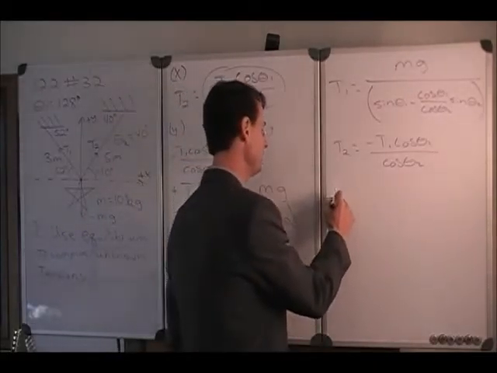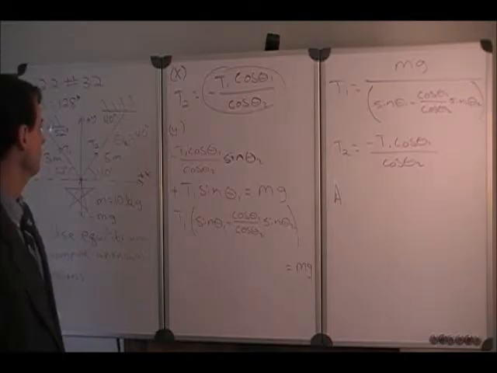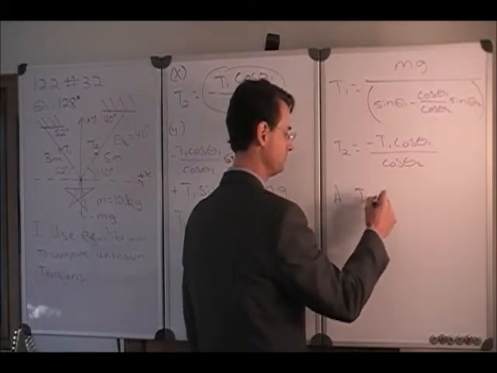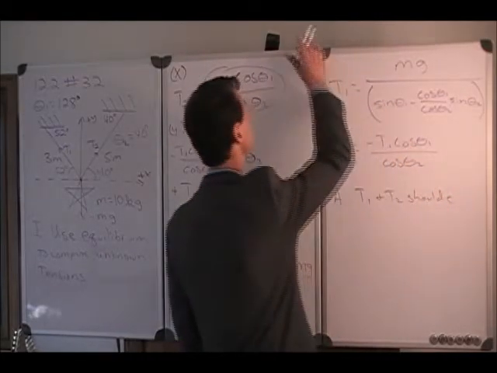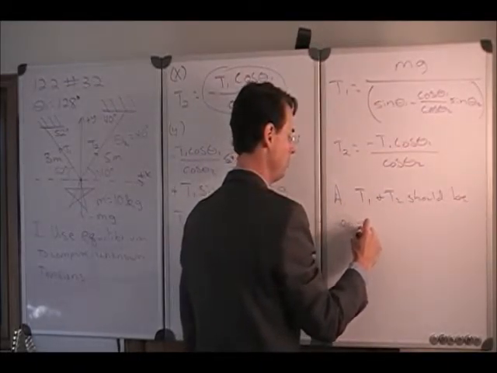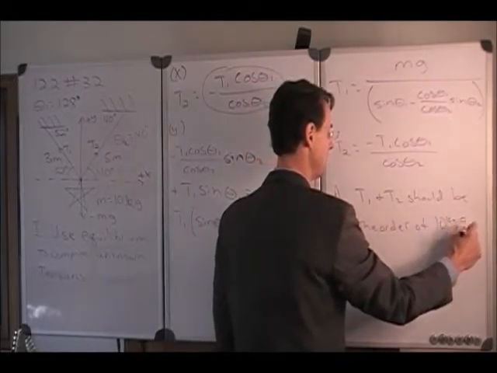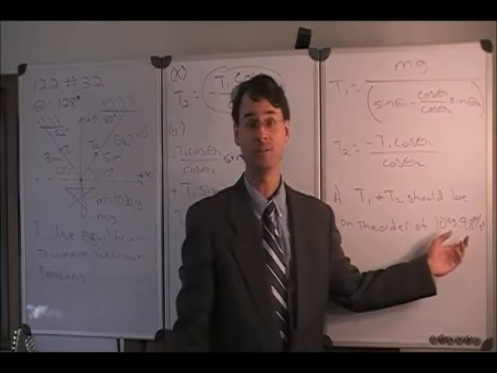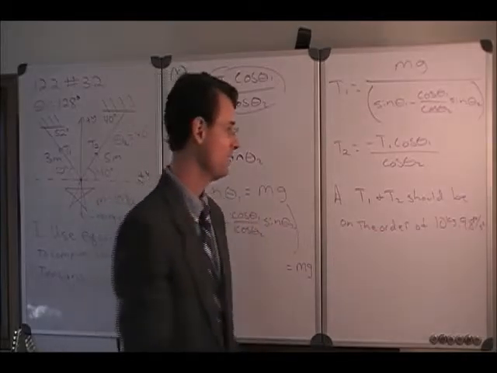All right, now how are we going to assess? Well, some considerations when it comes time to assess is that T1 and T2 should be on the order of 10 kilograms times 9.8 meters per second squared, because this is the force pulling down, and if we have something 10 or 100 times larger or 10 or 100 times smaller, we know we've made a careless error.